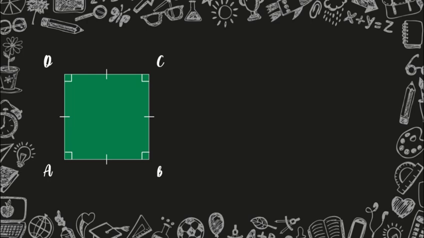They all have the same measure, we'll call that S. So, if we want to figure out the perimeter here, it will just be S plus S plus S plus S, or 4 times S, which is the formula of the square perimeter.